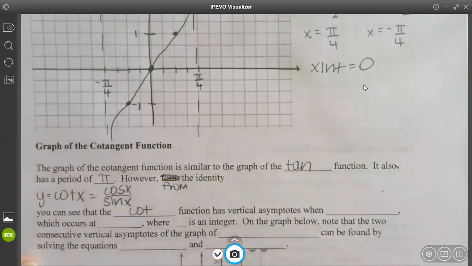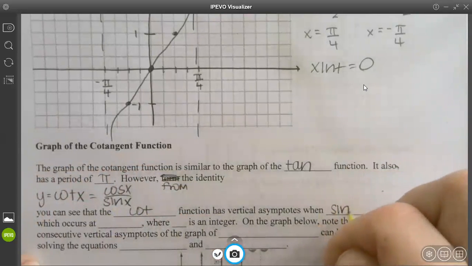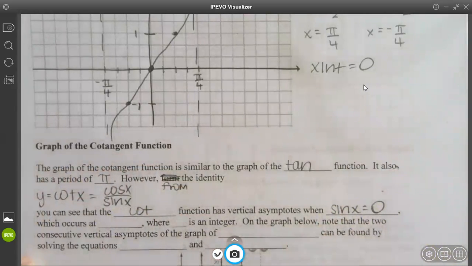You can see that the cotan function has vertical asymptotes when sine x equals 0. So we said tangent has those vertical asymptotes because cosine was on the bottom where it's equal to 0. Now we're putting sine on the bottom, so they'll have vertical asymptotes where sine is 0.